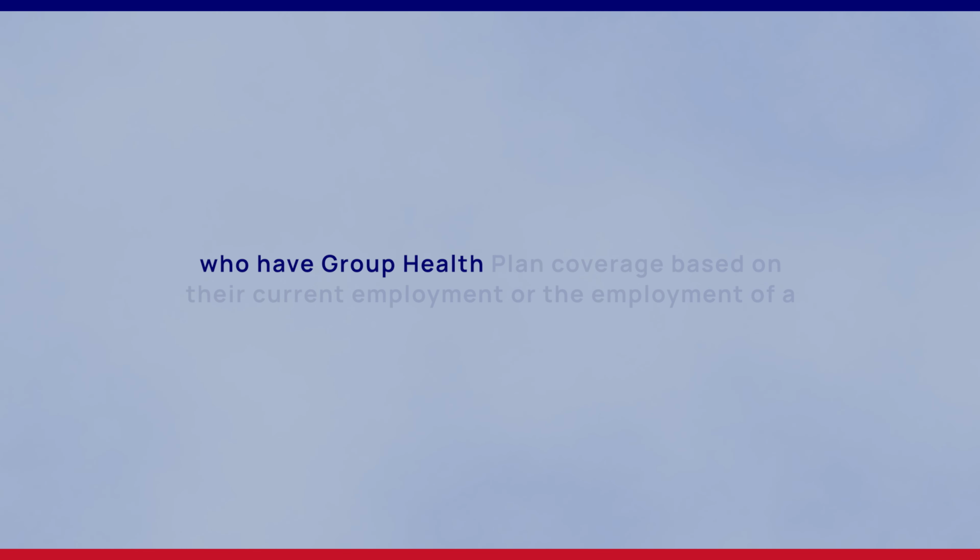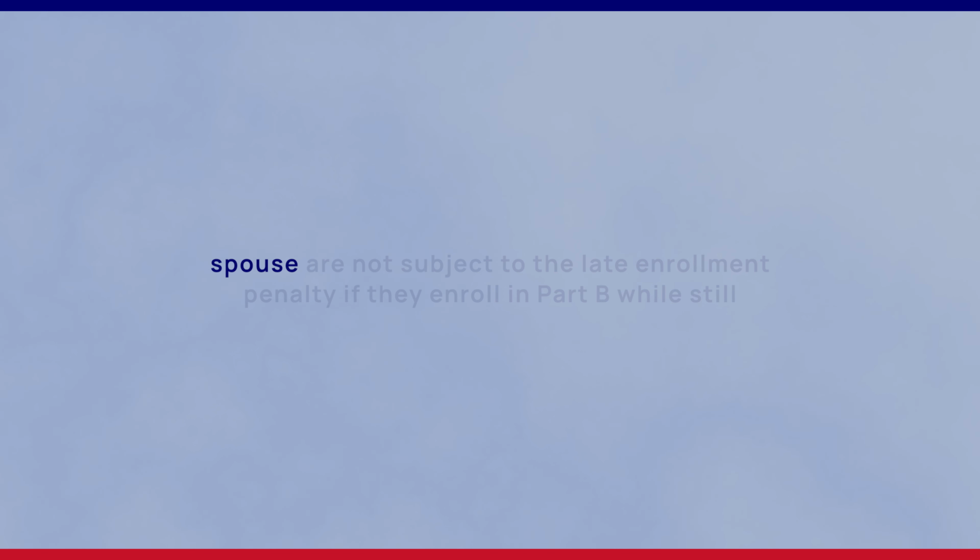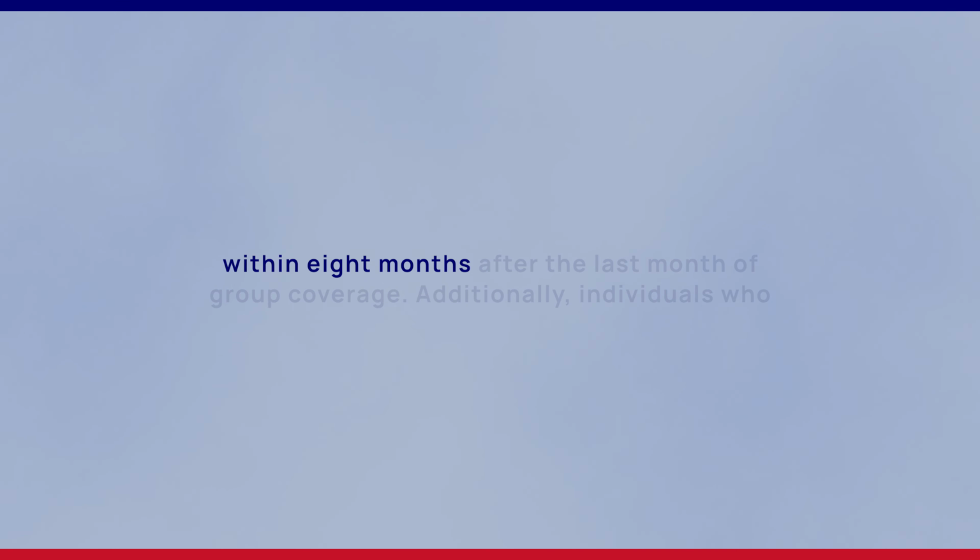Individuals who have group health plan coverage based on their current employment or the employment of a spouse are not subject to the late enrollment penalty if they enroll in Part B while still covered under the group health plan or during the special enrollment period, which occurs within 8 months after the last month of group coverage.